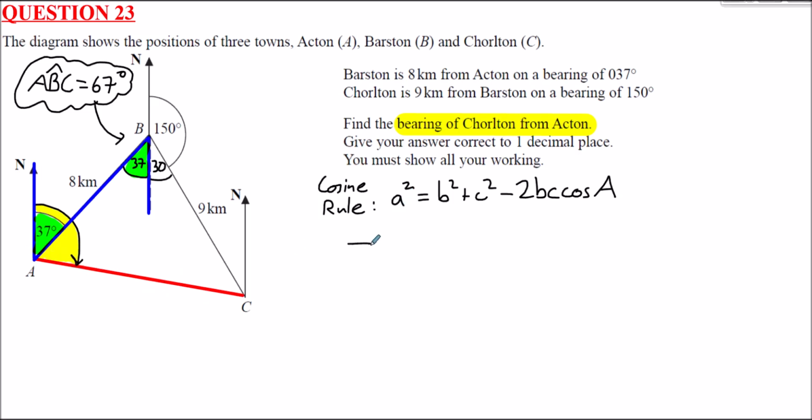Okay, so I'm going to label AC as my A, B and C in any order are AB and BC. So I'm going to call B AB. I'm going to call C BC.